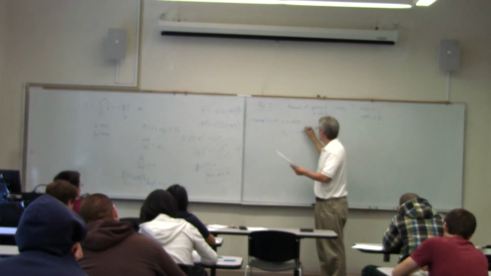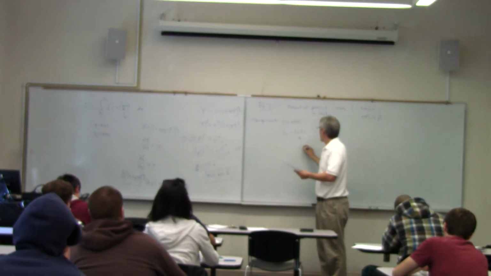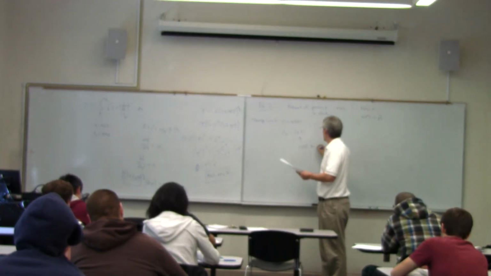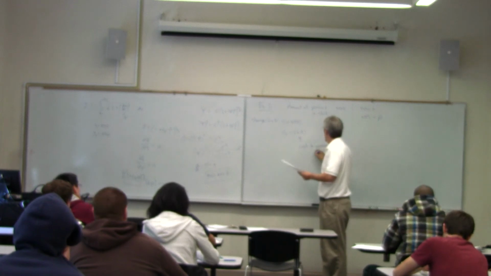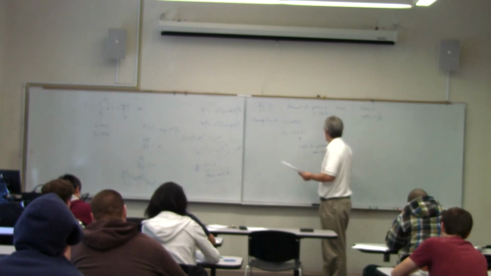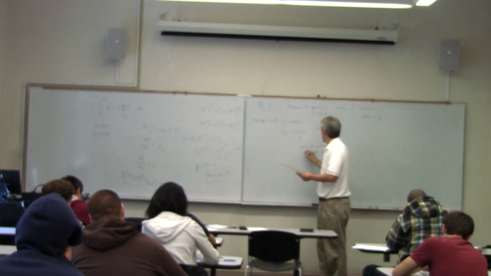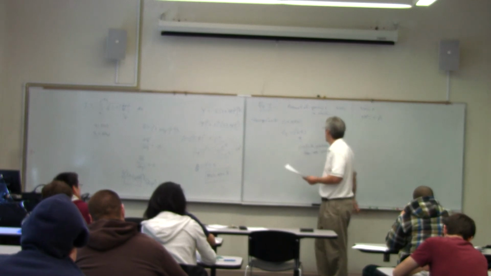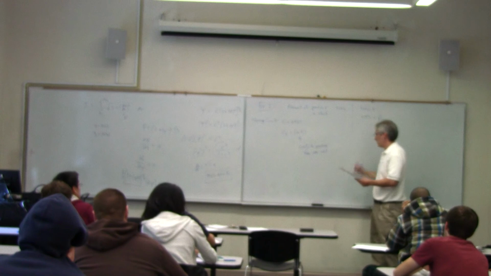So I'll explain this in a minute. This is the cost to produce 1 unit, so the cost per time to produce 1 unit.